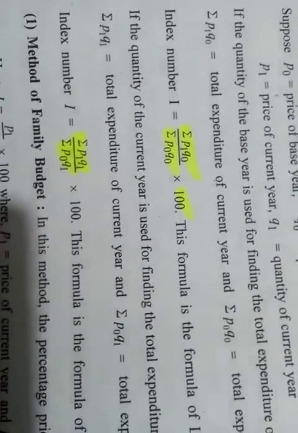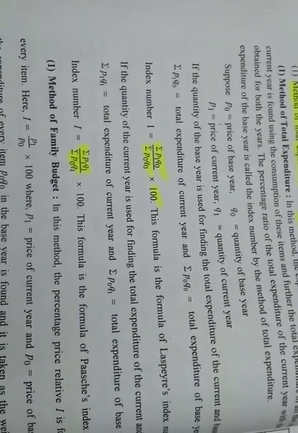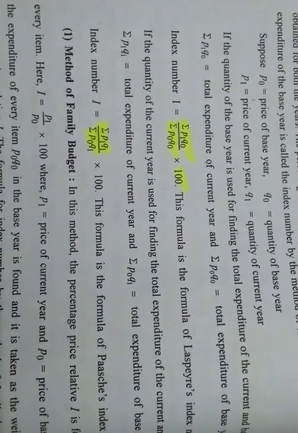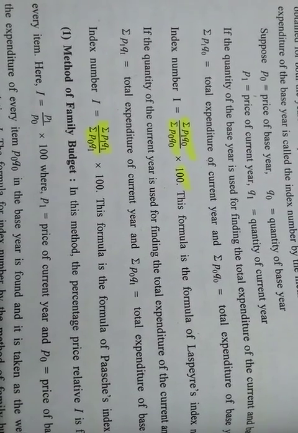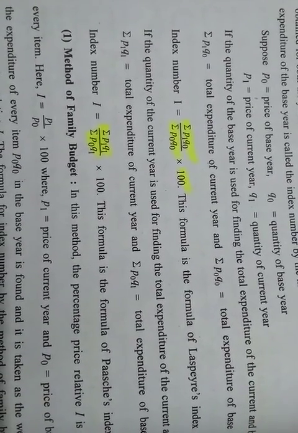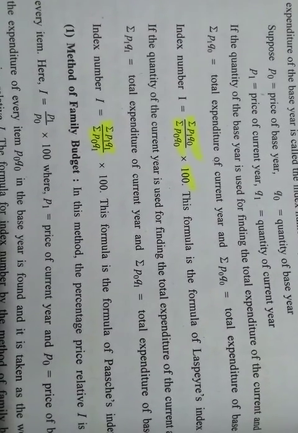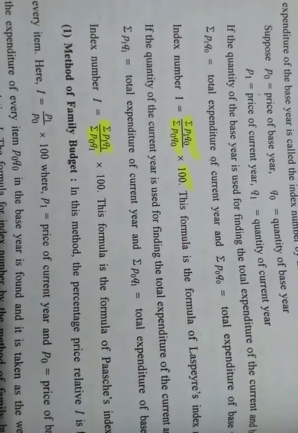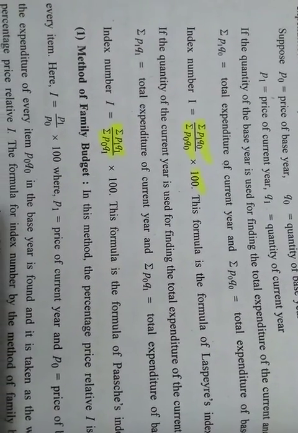So that is the total expenditure method. Two formulae are there, either Laspeyres' or Paasche's, depending on whether base year quantity or current year quantity is taken as the weight.